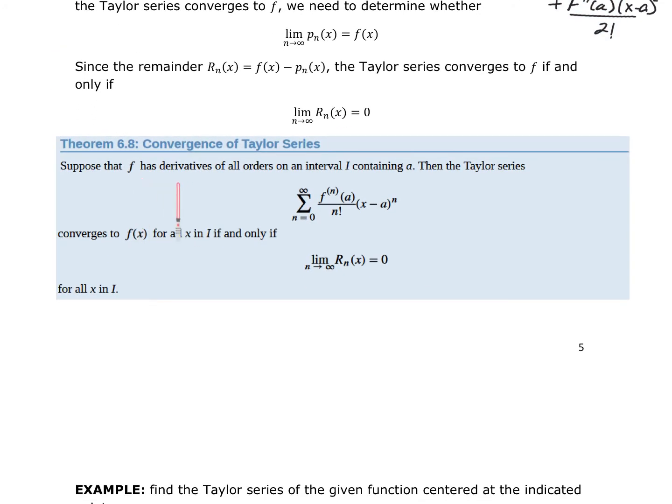Now, suppose that f has derivatives of all orders in the interval I containing a, then the Taylor series is this. And it converges to f on all x in I if and only if the limit as n goes to infinity of my remainder R is 0 for all x in I.